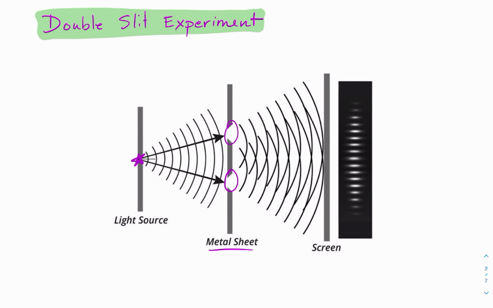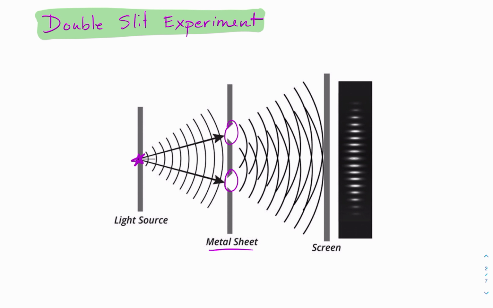And when that light source hits that barrier, it'll actually pass through each one of those slits, and they act as if they're now two different sources of light. And if light is traveling as a wave, they will come in contact with one another and interfere in either a constructive or destructive interference pattern.